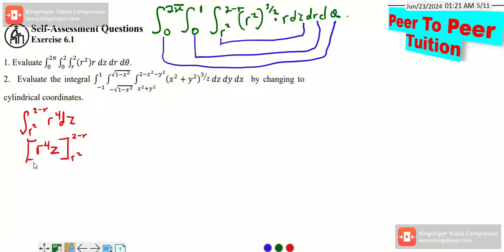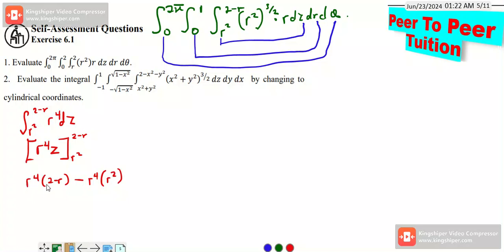Then I can slot in the value. I am integrating with respect to z, so these values are z values. So I'm going to get r exponent 4 multiplied by 2 minus r, then minus the same thing, r exponent 4 multiplied by r squared.